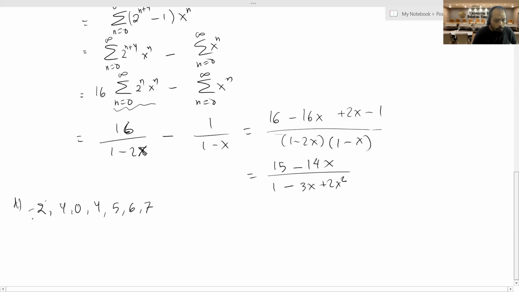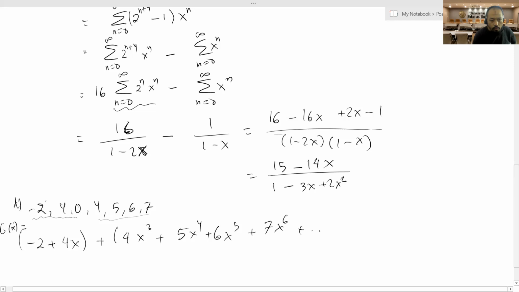Essentially, this becomes minus 2 plus 4x, this is one part, plus the remaining part: 4x cubed plus 5x to the 4 plus 6x to the power of 5 plus 7x to the power of 6 and so on. This is g(x).